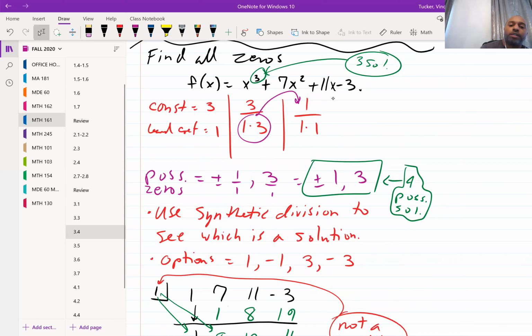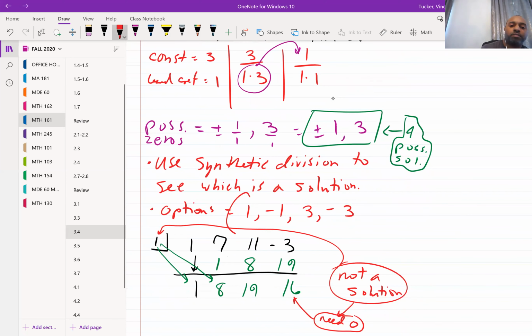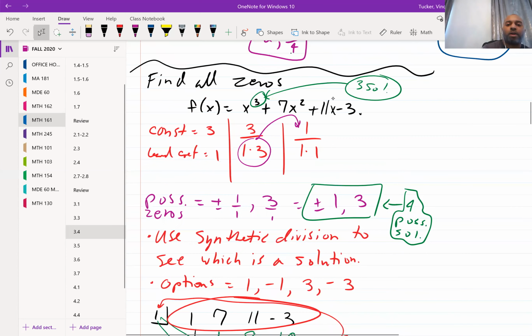So we do synthetic division with our first one, which is 1. Put 1 in the box. We have 1, 7, 11, and -3 from our coefficients right here.